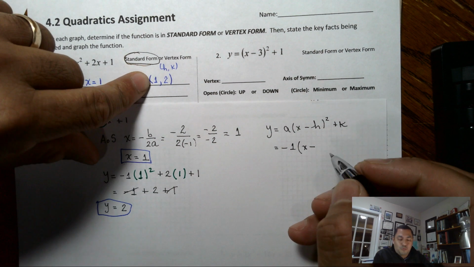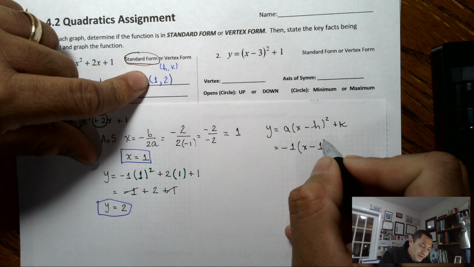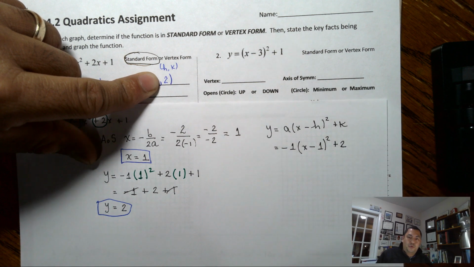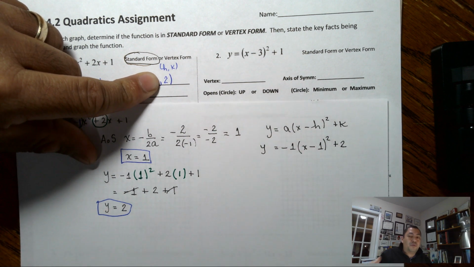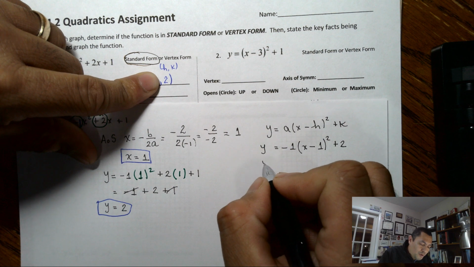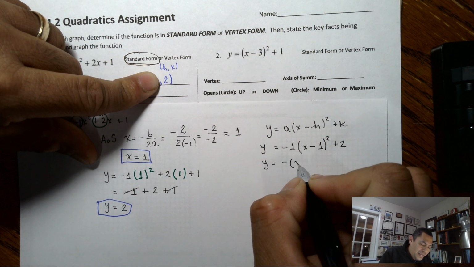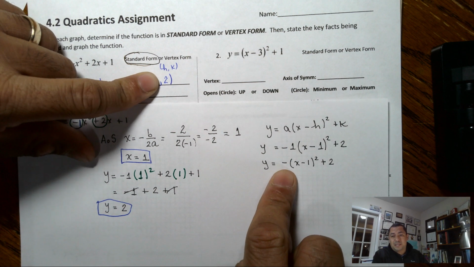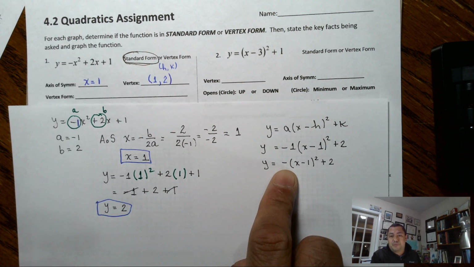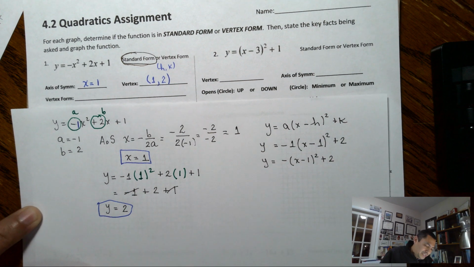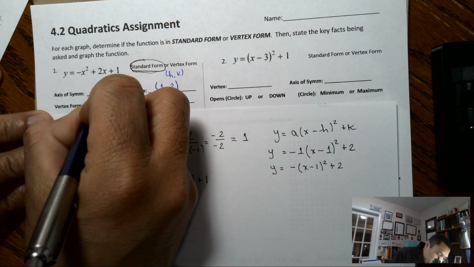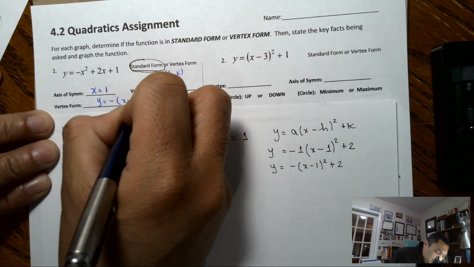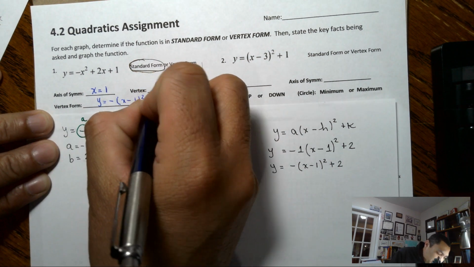In the vertex it is 1, so minus 1 squared plus k, which is plus 2. That's the vertex form. Another way to write the vertex form is just y equals negative x minus 1 to the second power plus 2. You can write the negative 1 or just leave the negative in front of the parentheses and it's the same. So in this case, vertex form is y equals negative x minus 1 to the second power plus 2.